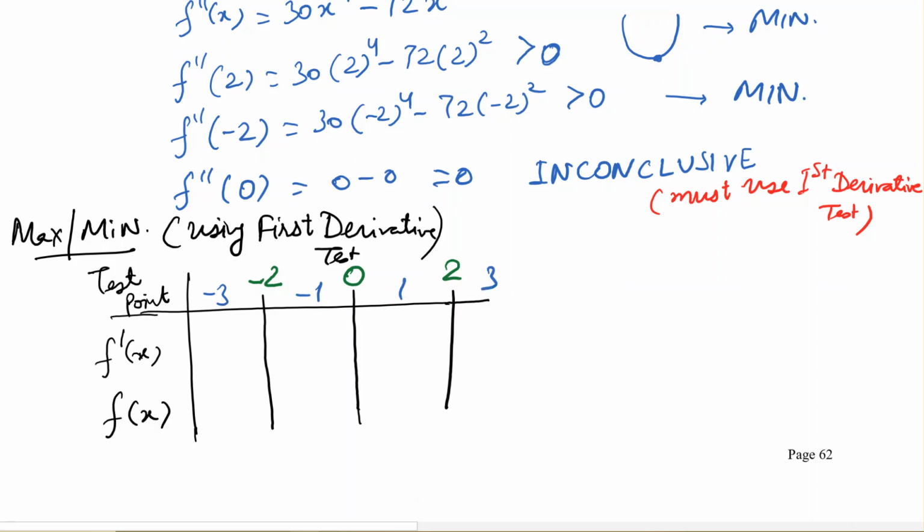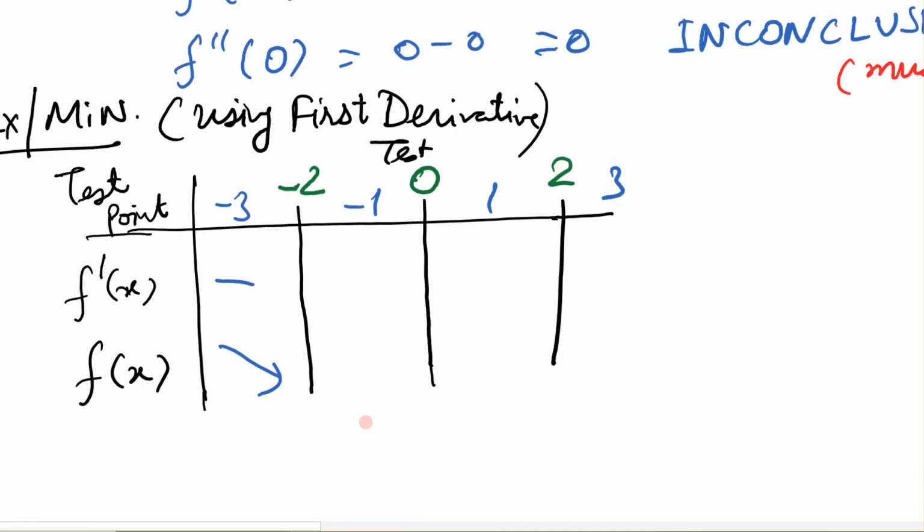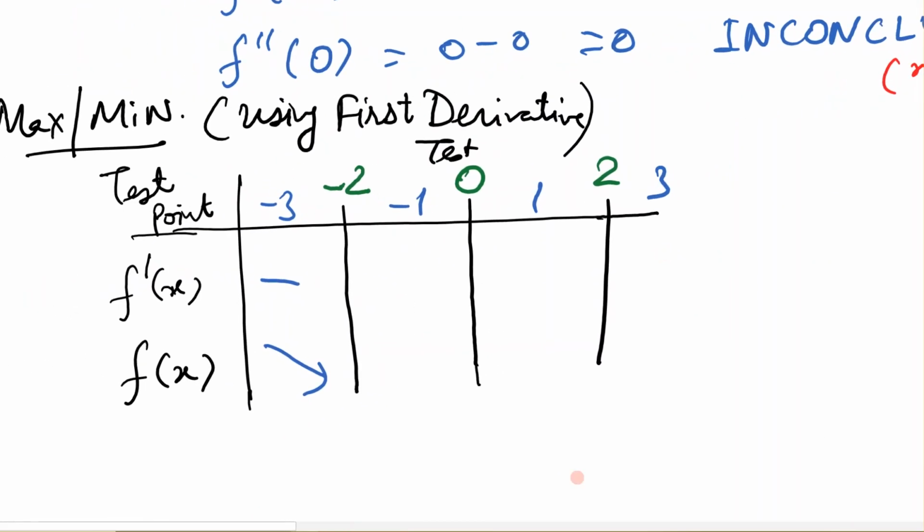After you choose your test points, you plug them into the derivative of the function and see whether you get a positive or negative answer. If I put negative 3 in my first derivative, I get a negative value. So this means the function is decreasing in that interval. Then if I plug in x equals negative 1 in my first derivative, I get a positive answer, which means an increasing function in that interval.